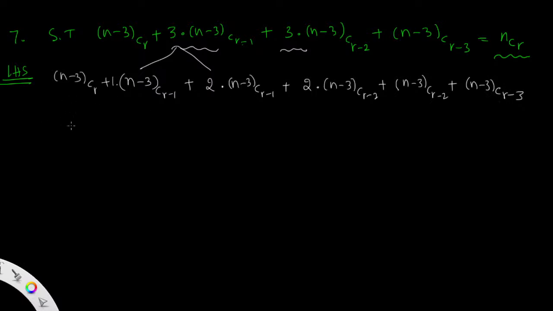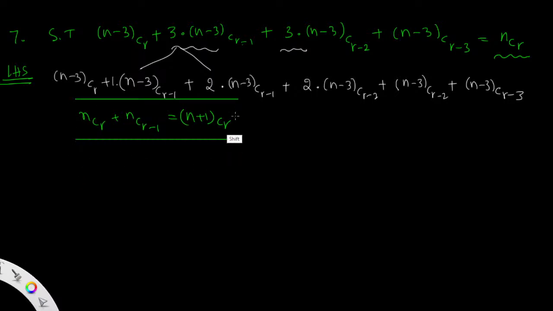So again the formula can be applied: nCr plus nC(r-1) equals (n+1)Cr. In the same way, here in the place of n we have n-3.